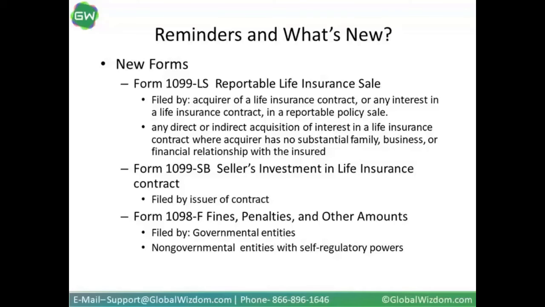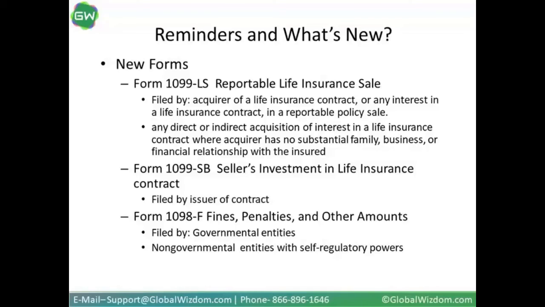Form 1099-SB is the seller's investment in life insurance contract for whoever sold that. This is filed by the issuer of the contract. So you've got 2 documents going to the seller of the contract, one from the acquirer and one from the issuer.